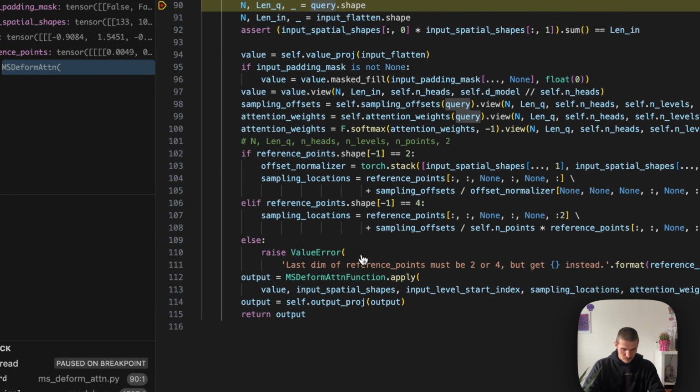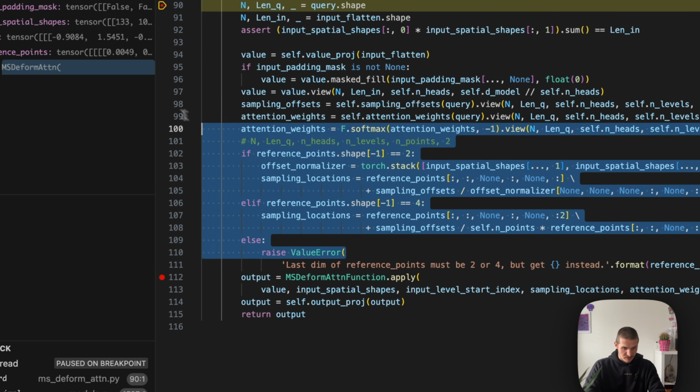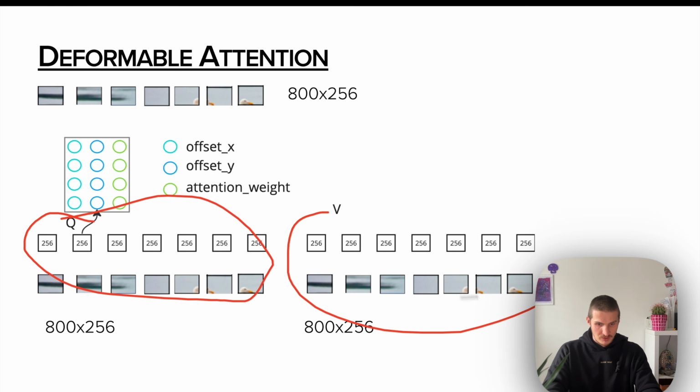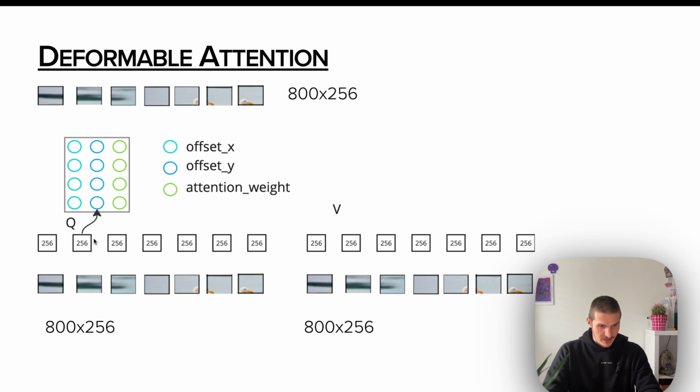So now this is going to go down to this MS deform attention function dot apply, and then it has a bunch of stuff happening here. Coming back to the slide here, to do deformable attention, we already have our query and value inputs. Now we have to project query into these offsets and attention weights. We have our reference points passed in as an input.